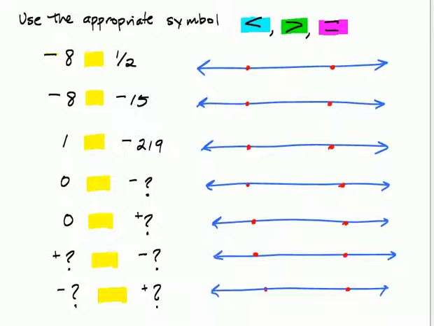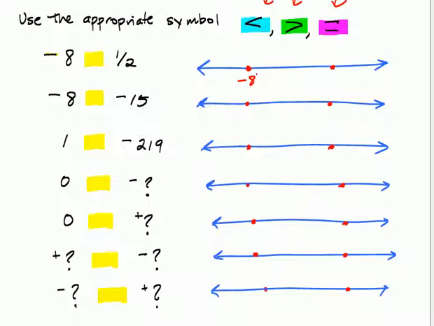In these examples, we're going to confine ourselves to these 3 symbols, so we're not going to give ourselves any options with the or equal to. I've got number lines by each problem. Even if you don't put it on paper, think about it. If you've got 2 points here, and those 2 points have to represent negative 8 and 1/2, who is down here?